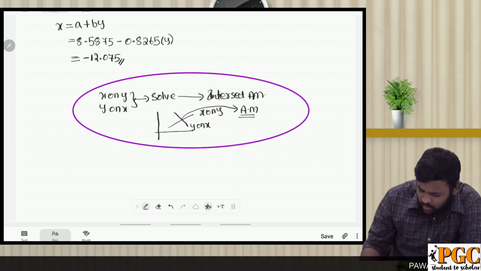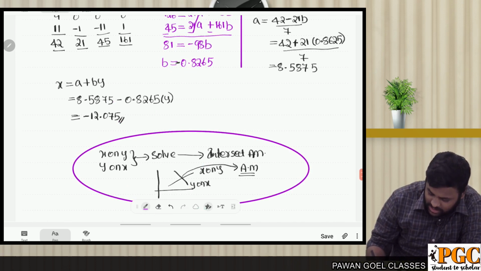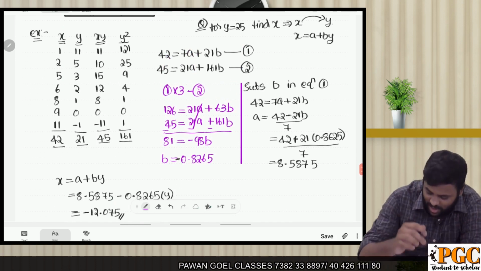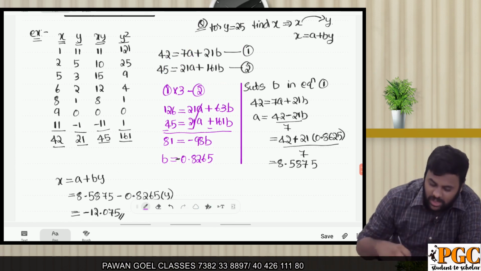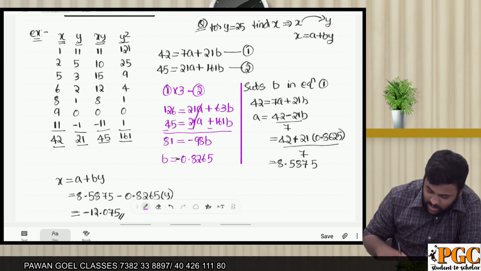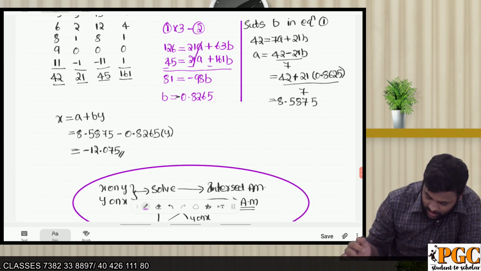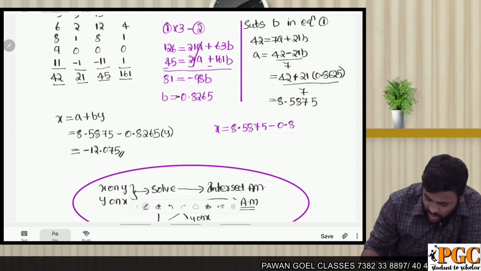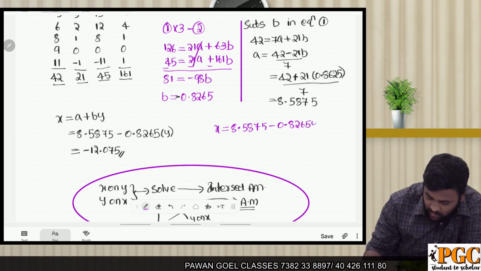Now if you want, you can even prove this property in this example we have done just now. We have the value of x and we have the value of y, right? Now let us do one thing, my dear friends. What equation did we get? We got the equation x is equal to 8.5875 minus 0.8265y.